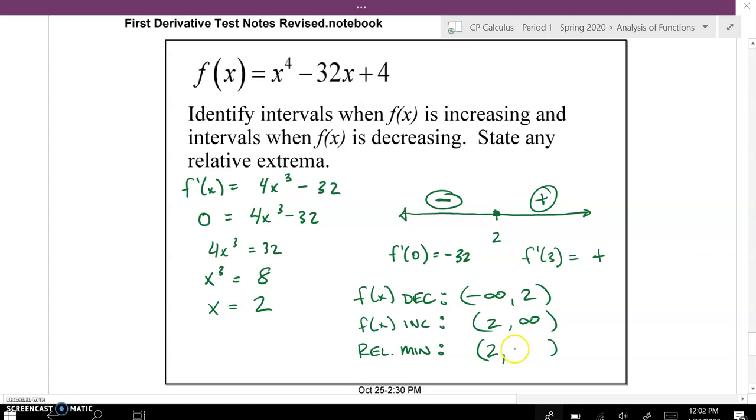When you get your answer, it turns out to be negative 44. So I would have a point, a coordinate at (2, negative 44), and leading up to that coordinate, as I move from left to right on this graph, the function is decreasing. It instantaneously stops at that location and then increases and starts to go up from then on.